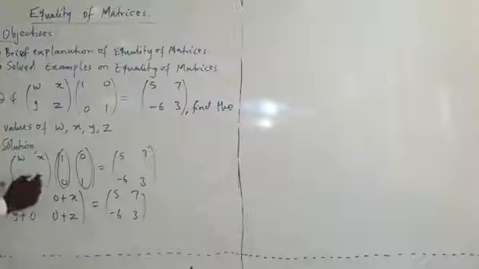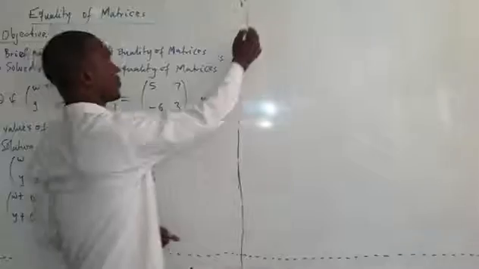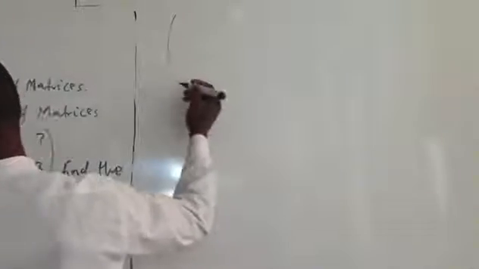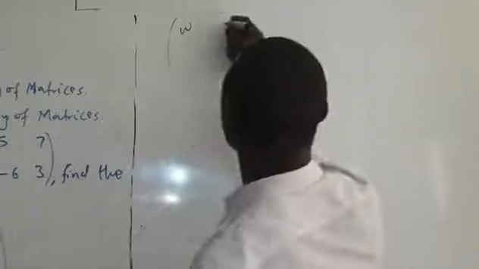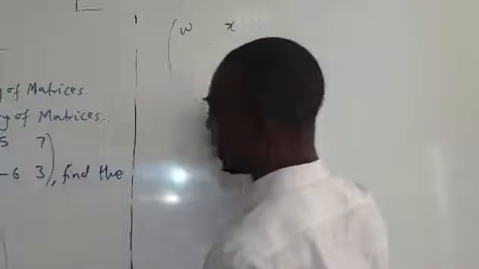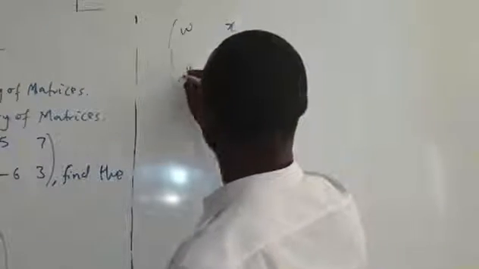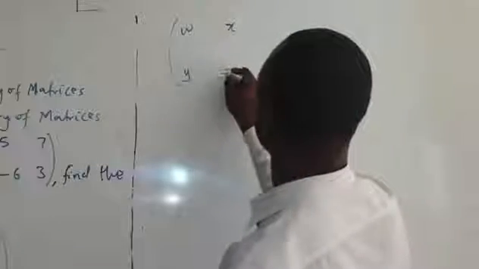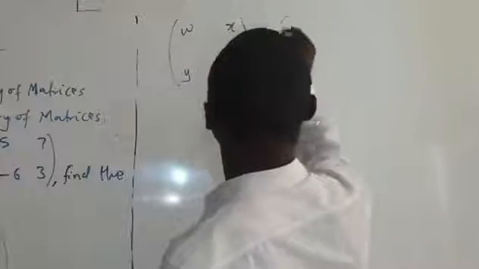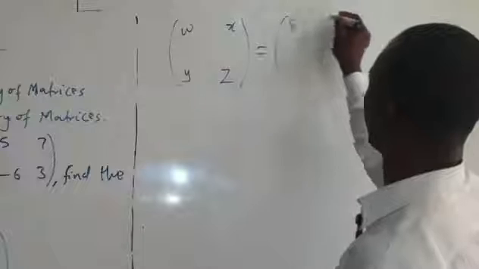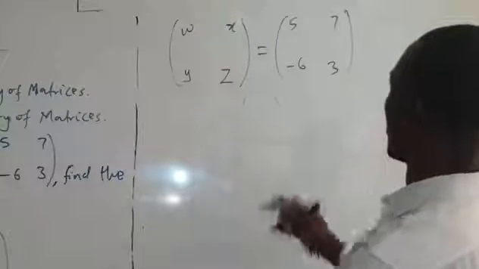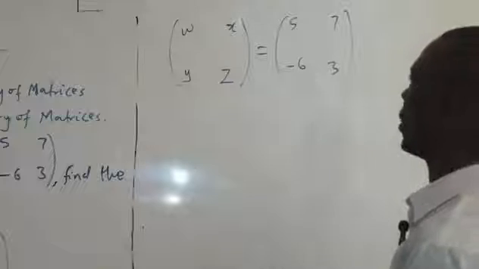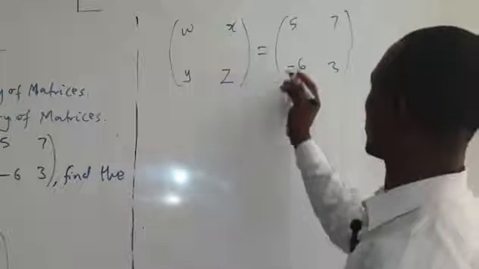So we now rewrite this as W plus 0 is W, 0 plus X is X, Y plus 0 is Y, 0 plus Z is Z, equals 5, 7, minus 6, 3. So just compare the corresponding elements in the two matrices.